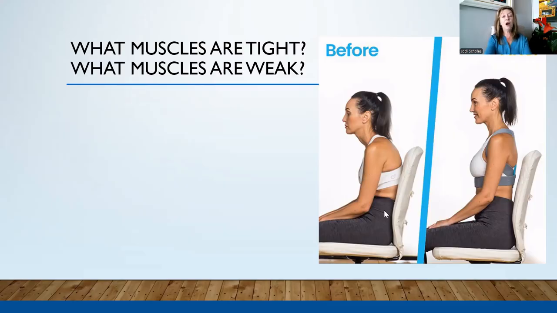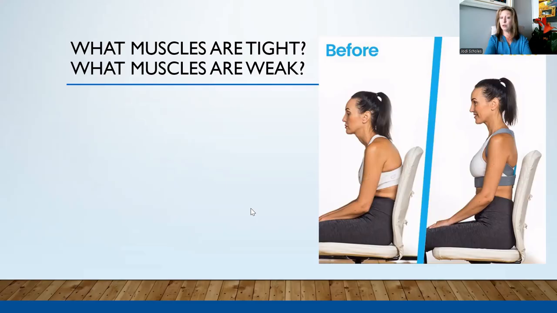But what muscles are weak? Let's see. We've got a little bit of kyphosis. Yes. Kyphosis is happening here in that thoracic region. That thoracic region is being affected by these rolled shoulders, aren't they? Could end up with a kyphotic curve. But what it also tells us is that in that thoracic region, let's see, scapula, great.